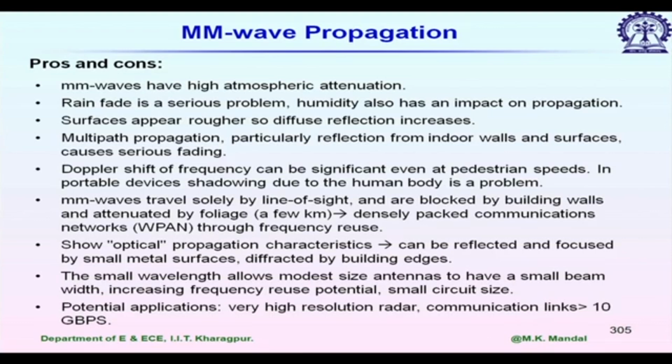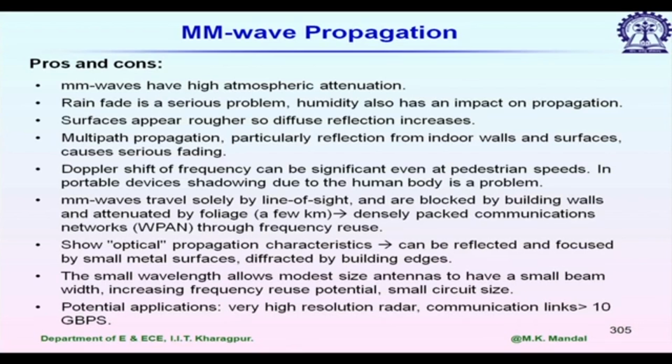Now, antenna gain is proportional to the physical area of the antenna in comparison to the wavelength lambda. So, if we have a smaller wavelength, but use the same area to realize an antenna at millimeter wave frequencies, it will provide much higher gain compared to microwave frequencies. So, we can easily design very high gain antennas.